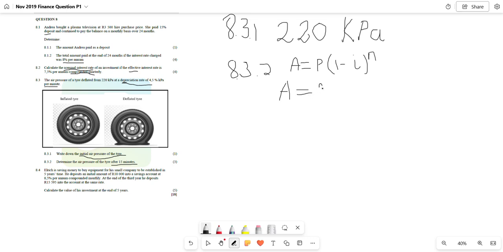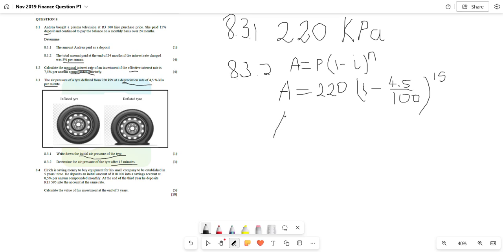Then P now becomes 220 kPa, in bracket 1 minus i, where i is the rate at which this tire loses air. In this case, we have 4.5 divided by 100%, close bracket. It loses air per minute, so n is in minutes. We put it as 15. We don't convert it to anything there.